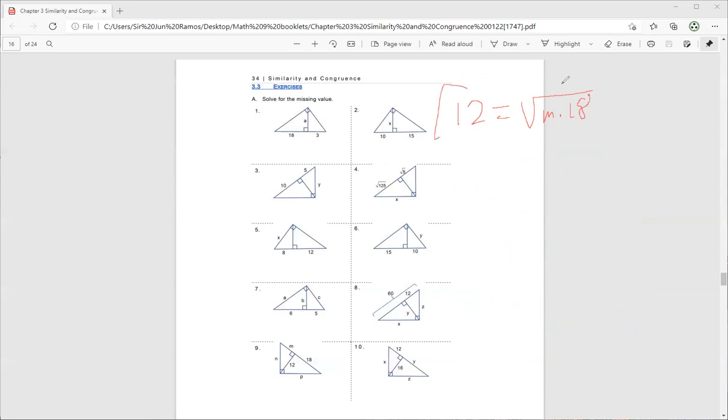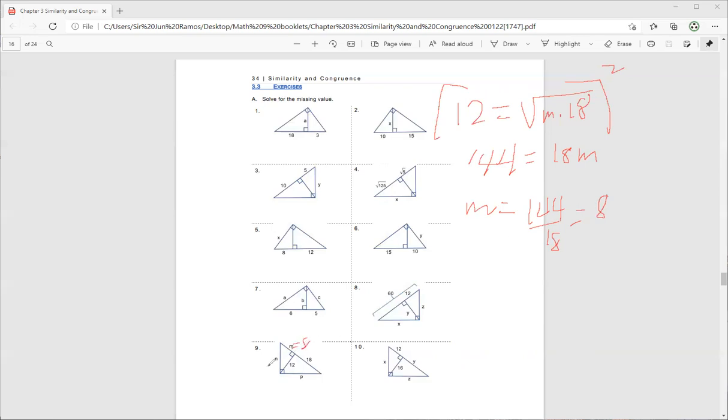And if I square this, I get 144 equals what? 18m. And m will now be what? 144 divided by 18. Okay, 144 divided by 18 is 8. Okay, so m now is equal to 8.